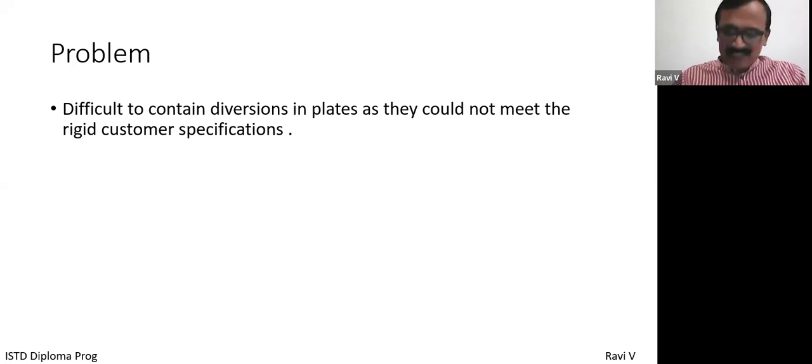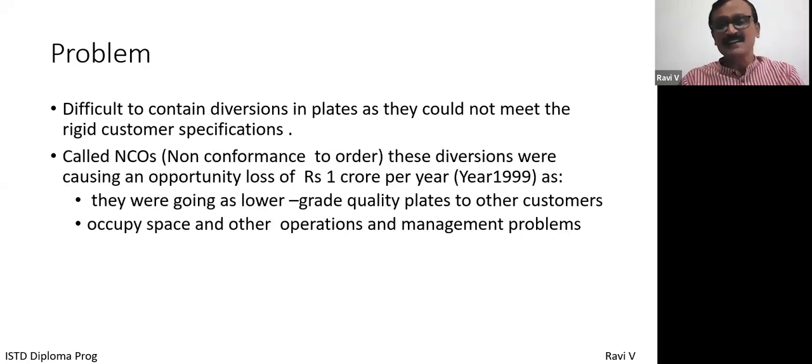Because the slab is cut into specific lengths, the cutters, because of some defects, remove some parts. With the result, there is a possibility of having slabs of different dimensions. But those plates which are rolled, where defects are coming due to material defects or surface defects or length and dimension defects, are called non-conformance to order.